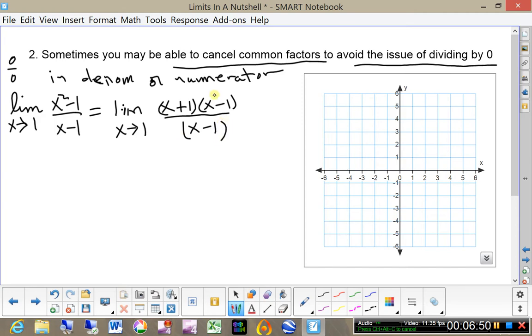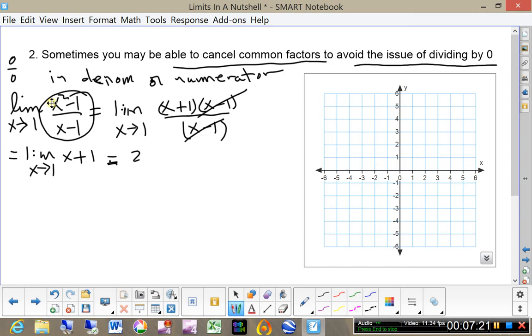And notice we have common factors in the numerator and denominator. So this would equal the limit as x approaches 1 of x plus 1, and now we can plug in and we get the limit is 2.